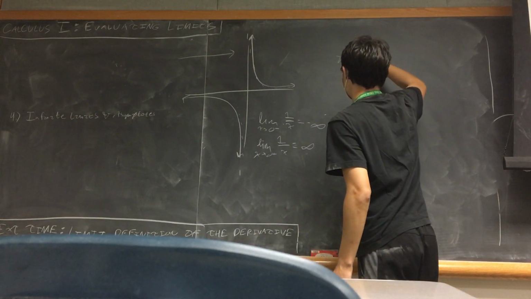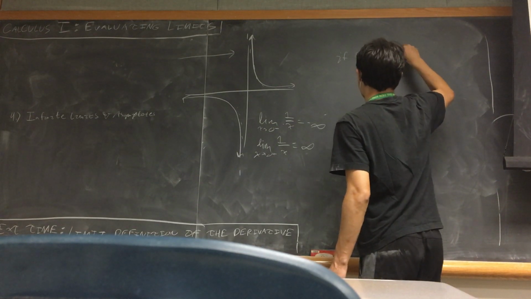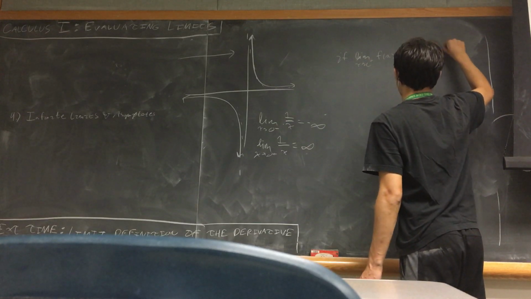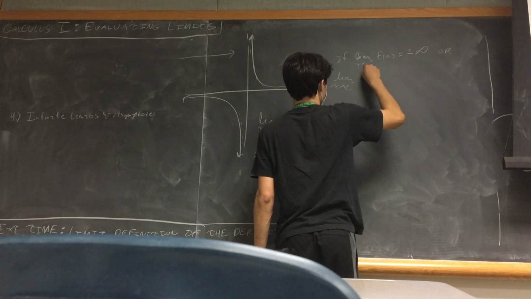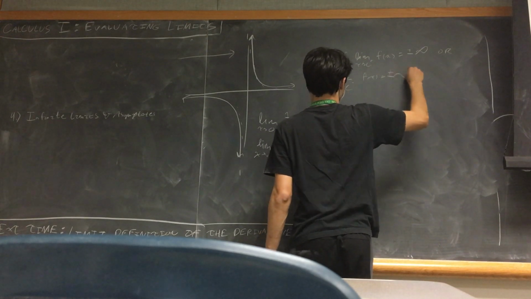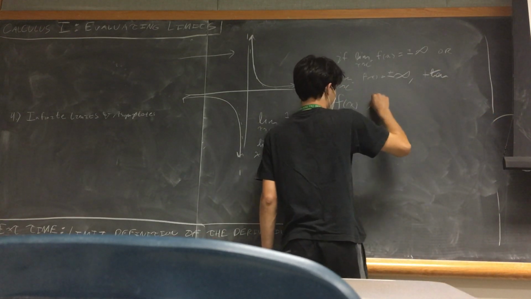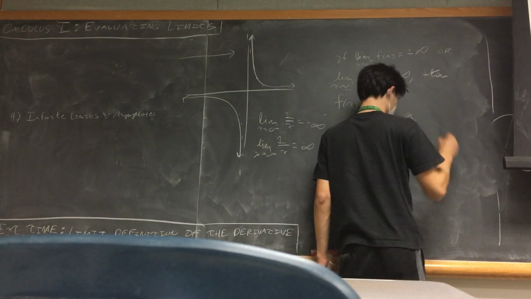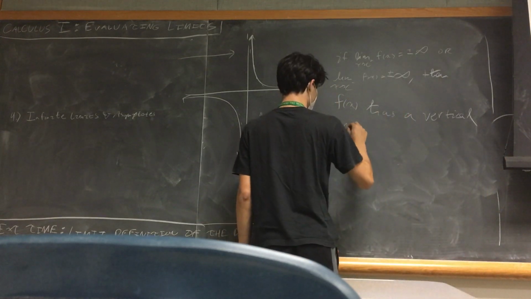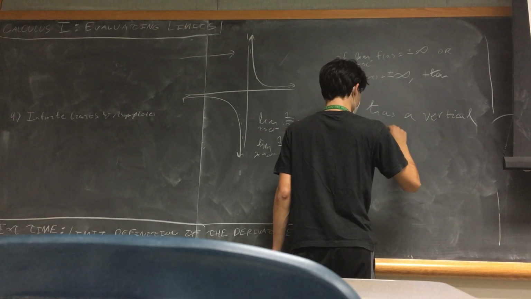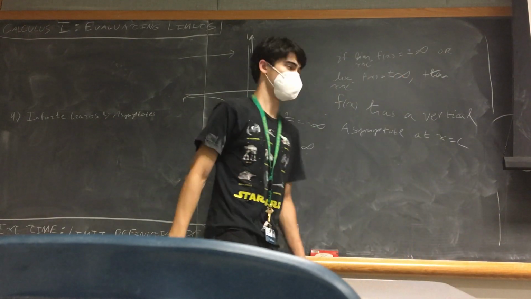So if the limit as x approaches c from the right of f of x is equal to plus or minus infinity, or the limit as x approaches c from the left of f of x is equal to plus or minus infinity, then f of x has a vertical asymptote at x equals c.